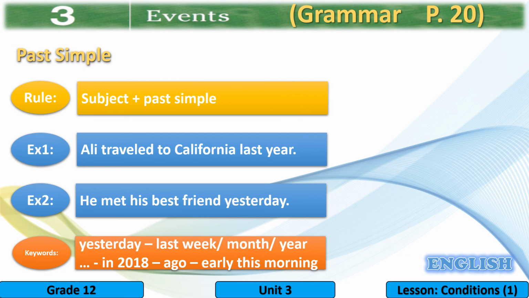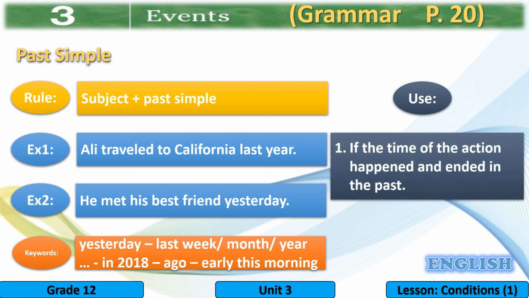Yesterday, last week, last month, last year, and so on. In 2018 or any year in the past. The word ago, early this morning, and so on. Now, we use the past simple if the time of the action happened and ended in the past.